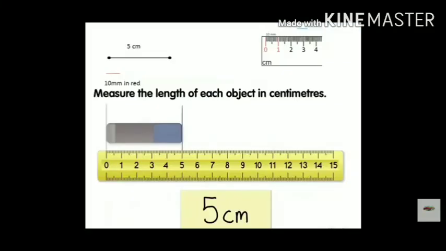Let us understand this with an example. Here I have a 5 centimeter long line, but I can also show the 5 centimeter line by a shorter line which will take less space, for example 10 millimeter. Now with the help of a smaller line I can represent the bigger line.